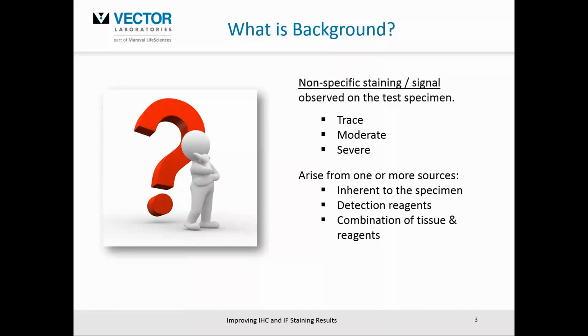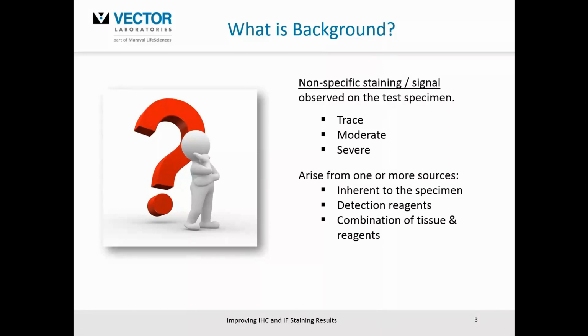It might be observed as a trace or weak staining, maybe an overall toning across the tissue section. That might not be too problematic, particularly if your specific signal is highly expressed and you've got a very good demarcation between the signal to noise ratio.